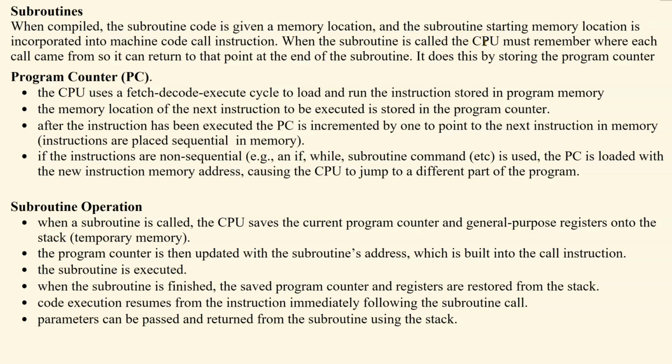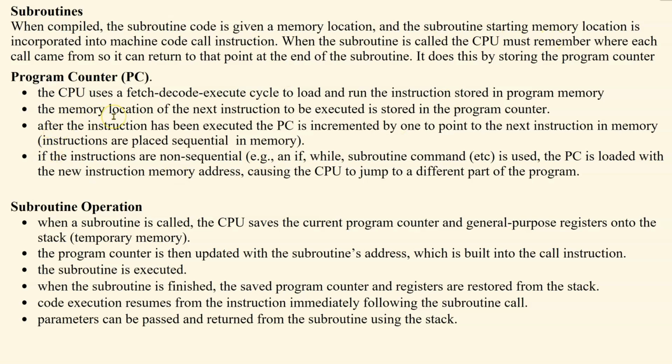But we must remember where the call came from so that we can return to that point at the end of the subroutine. So it does this by using a program counter. So looking at the program counter, the CPU follows a fetch, decode, execute cycle, where we load and run the instructions stored in program memory.